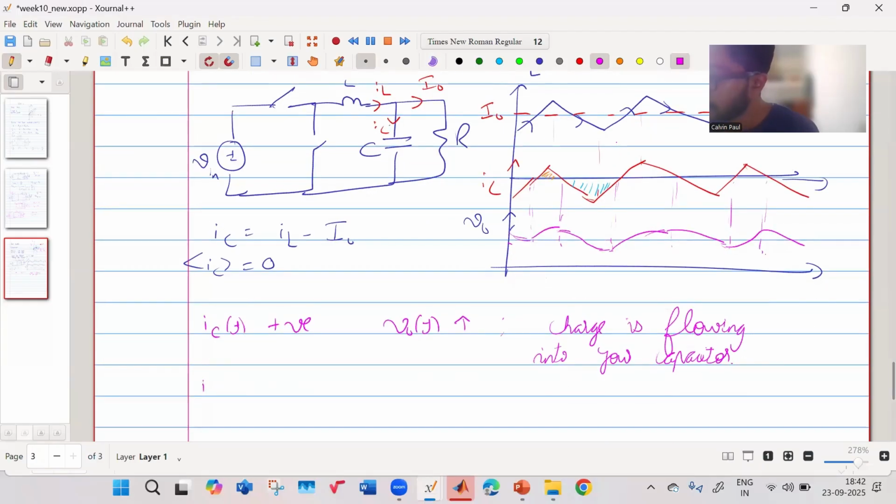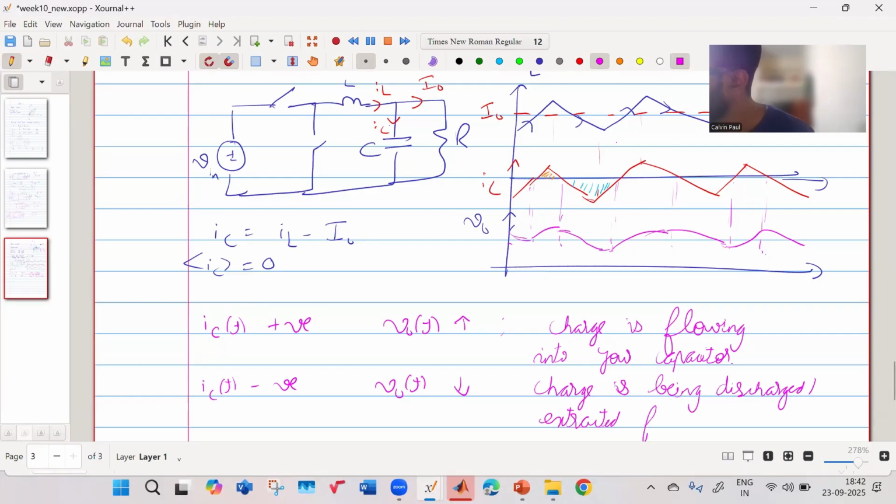But when your capacitor current is negative, that time your output voltage will fall because your charge is being discharged or extracted from the capacitor. Okay.